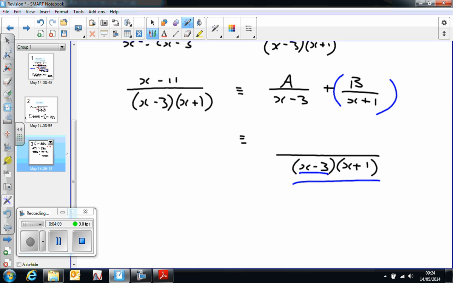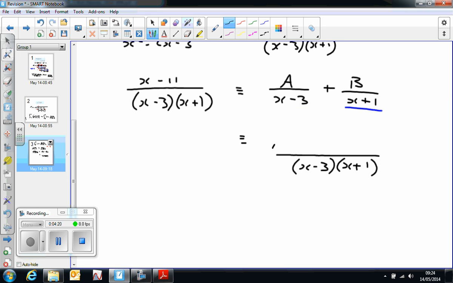So I multiply b by the denominator underneath the a term, and a by the denominator underneath the b term. In other words, cross multiply. So this equals a times x plus 1 plus b times x minus 3. It becomes a little bit more involved if I've got 3 or more terms underneath, but the principle's the same.